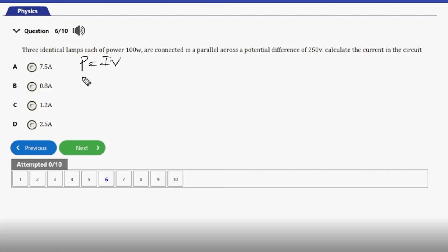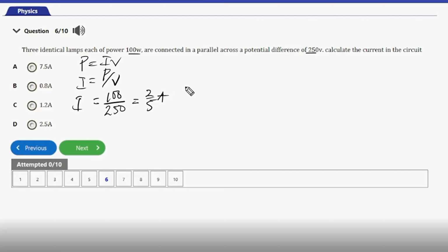So it means that for the current here, we can make I the subject of this equation, and then we are going to have P over V. So in that case, current is going to be the power here, which is 100 watts, over the voltage or the potential difference, that's 250 volts, and that's going to be 2 over 5 ampere here.